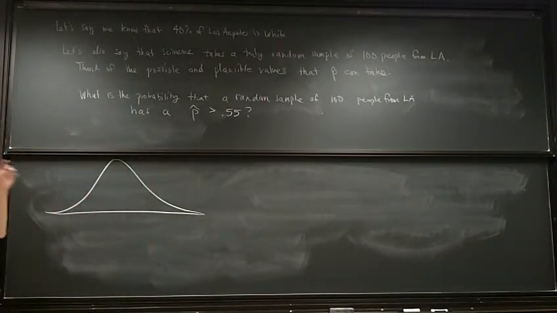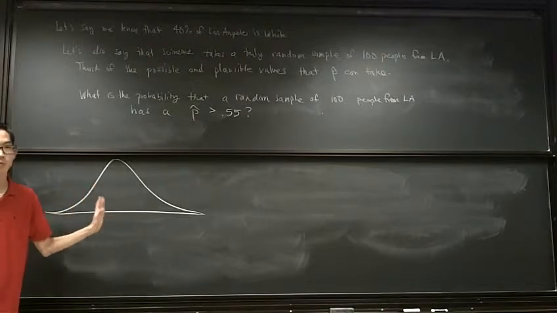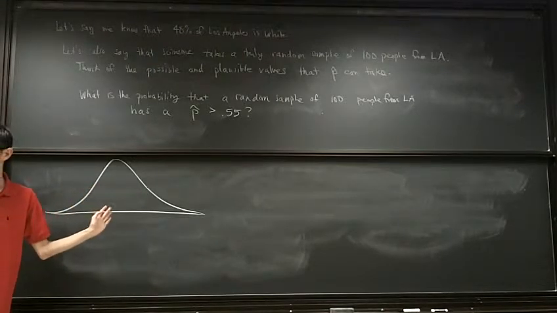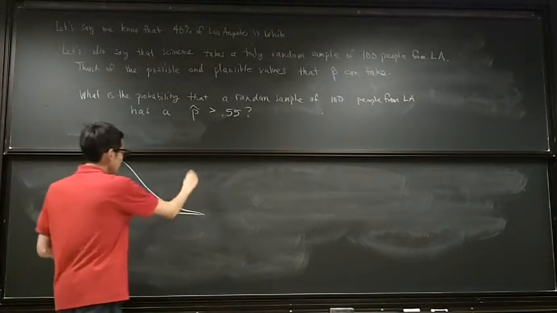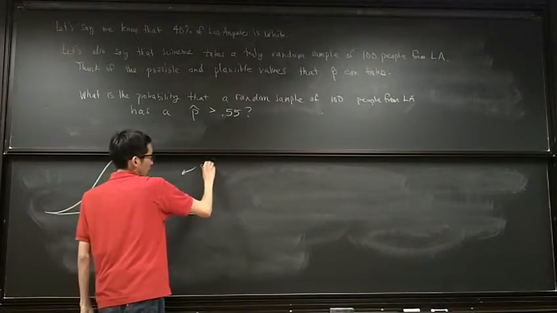This normal distribution represents the different possible p hats that I can get. This is the sampling distribution of p hats.